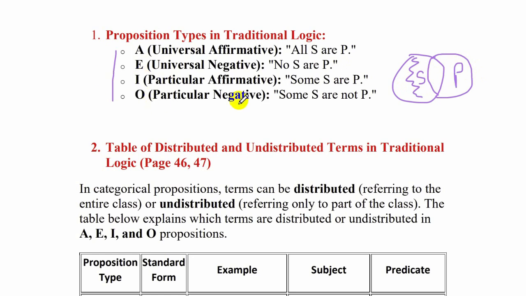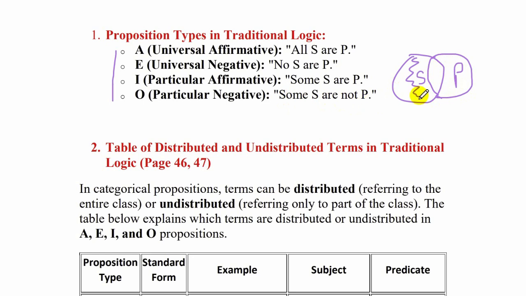Some part is there, which is the I-type proposition. But here we are talking about the O-type proposition, which is particular negative. So this side, which I have done with a zigzag line, this part is not in P. Can we reverse it? Some P are not S? No. The reverse does not work here.